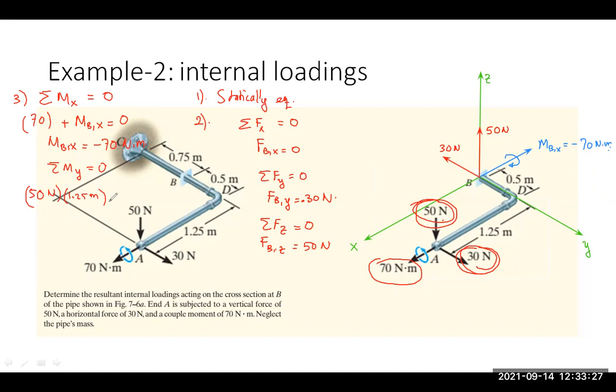And this moment must be balanced at point B. So here we have the moment at point B in the direction of y, and we have to put it as minus 62.5 Newton meter, because it is in the negative direction, so we have to put the moment here.